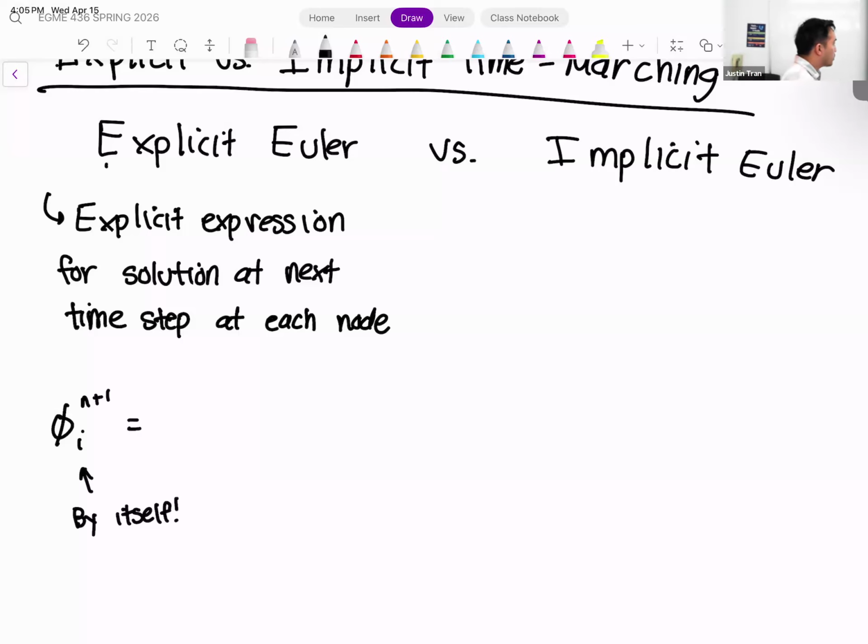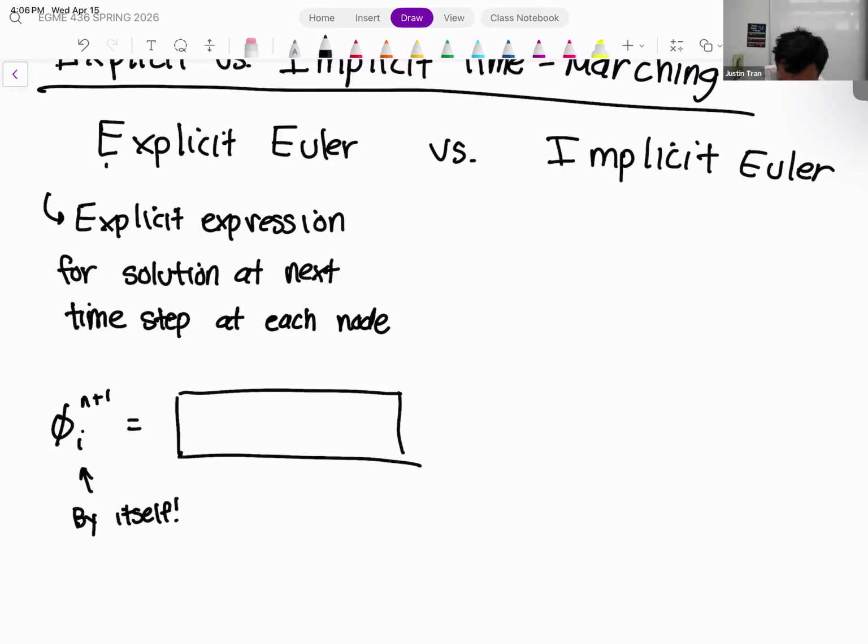And then on the right-hand side were all quantities that were already known. So they were either the solution at the previous time step, or things like the source term. I'm not going to write out everything again, but these were all known quantities. So you could technically compute an expression for everything.